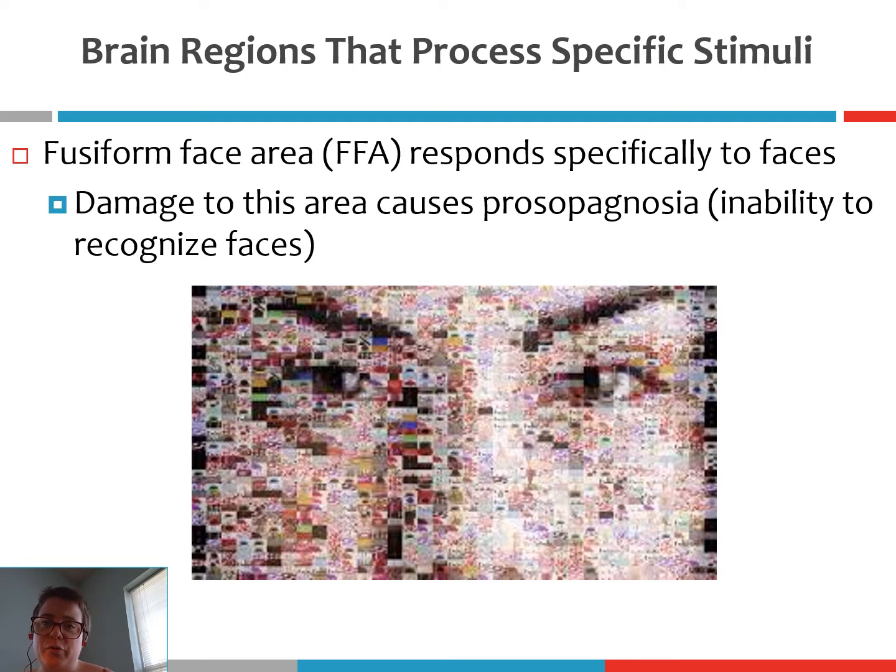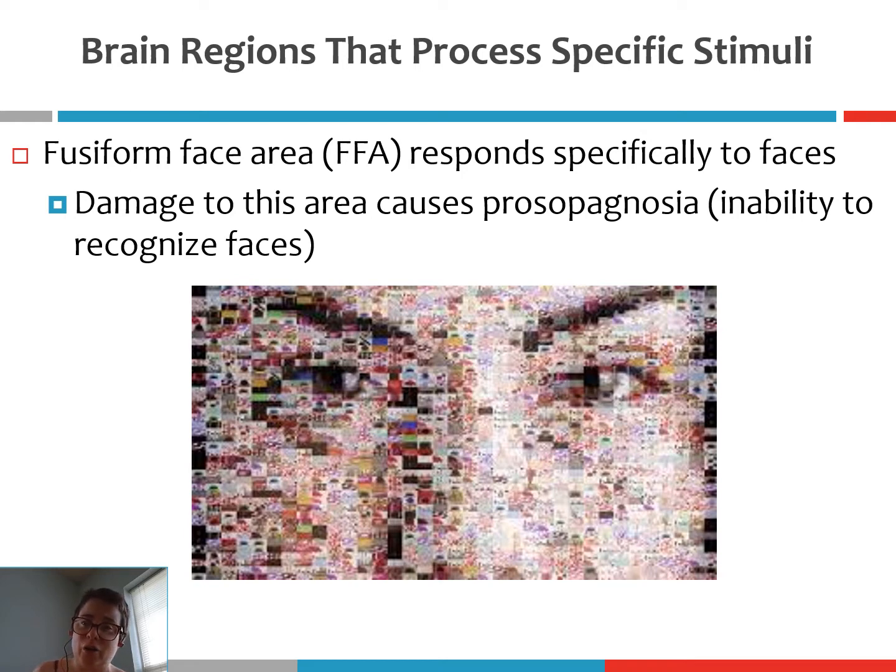Okay, so the first brain region that I'd like to talk about that seems to support this notion of localization of function, or this idea that we can pinpoint certain aspects of cognition to specific brain regions, is the fusiform face area.